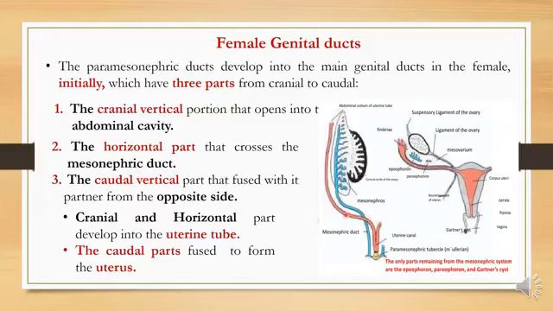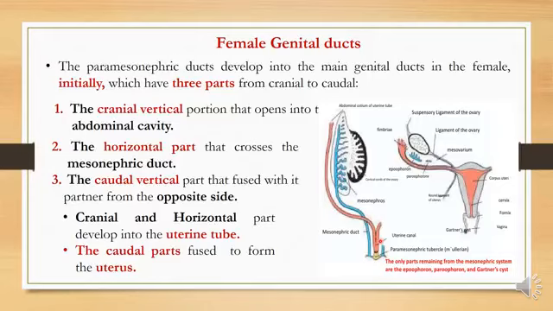The paramesonephric duct develops into the main genital duct in the female, initially with three parts from cranial to caudal. The cranial vertical portion opens into the abdominal cavity. The horizontal part crosses the mesonephric duct.